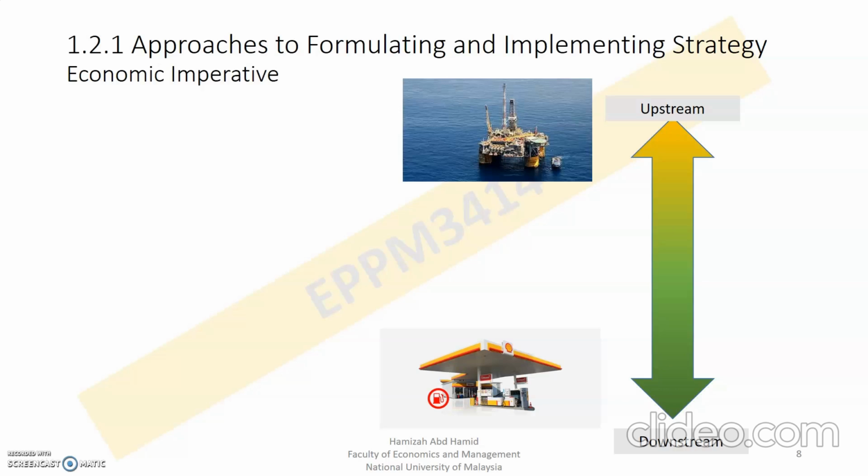Petroleum is more or less similar across different markets. That is why activities in the upstream level of the supply chain are highly emphasized. A lot of expenditure is focused on this level of the supply chain.